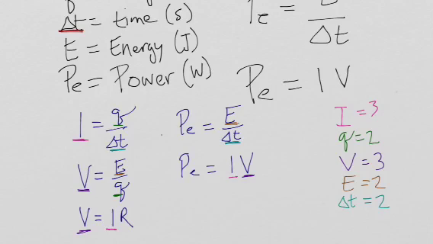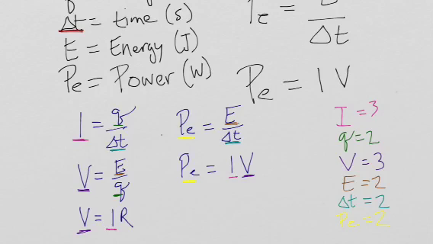And let's not forget, last one, what are my options for PE? PE equals E over delta T, and PE equals IV.